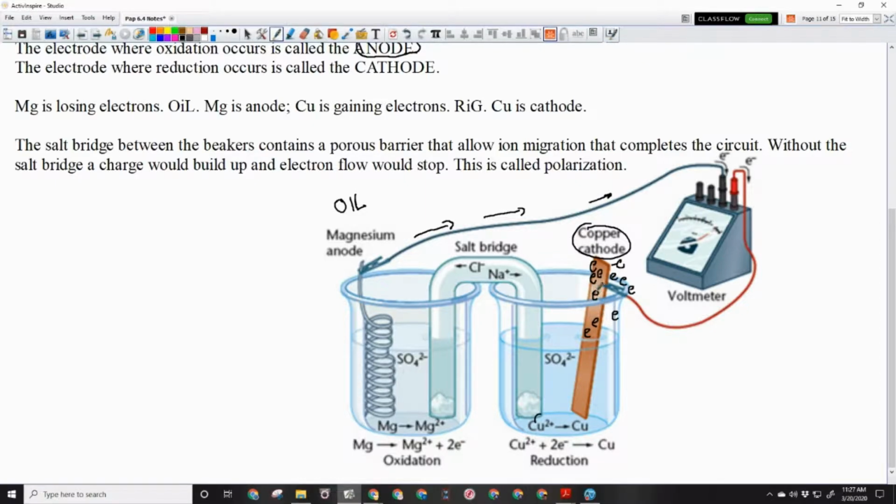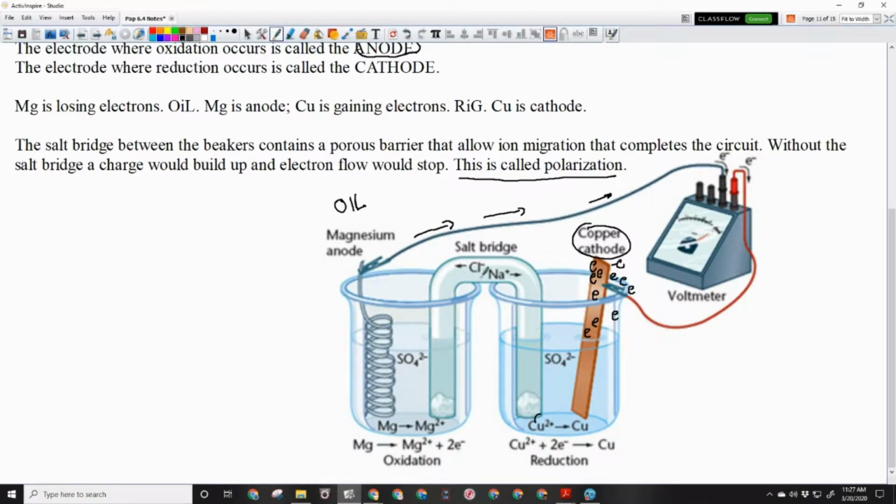Now, what's going to happen is this is going to build up a negative charge here. It's going to cause this battery to become what's called polarized, where you have negative charges building up here and positive charges building up here. And when it becomes polarized, it's going to die, and that's going to happen very quickly.